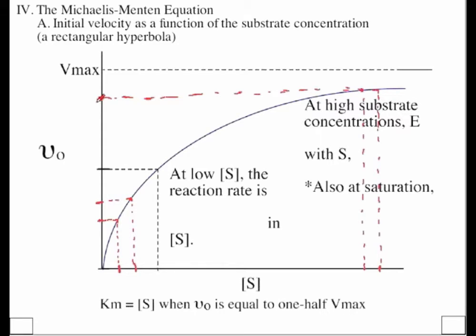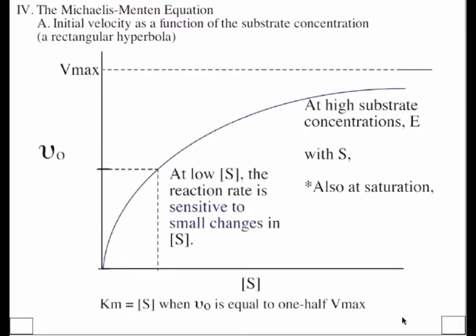This is saturation. So now we remember that this is true. Remember when we looked at the equation and assumed that at high substrate concentrations, the velocity became dependent upon enzyme concentration only? So at high substrate concentrations, we saw that there was very little change and that enzyme concentration was really what mattered.